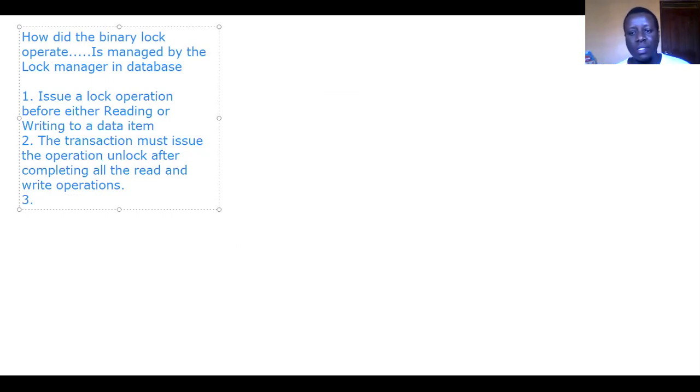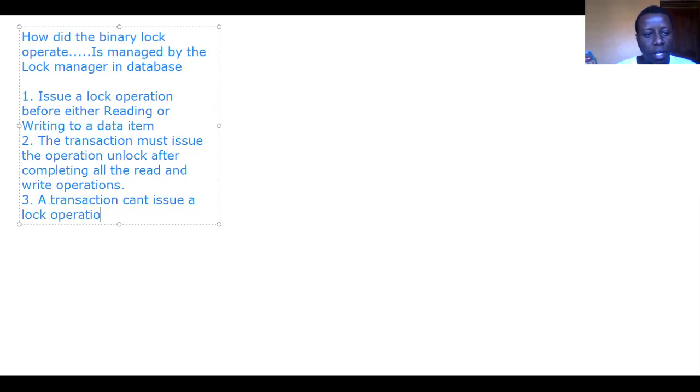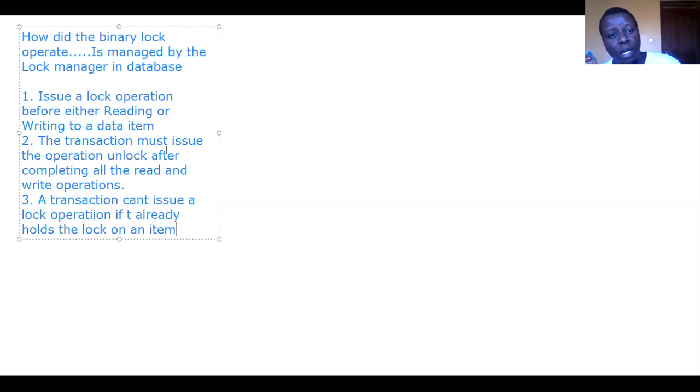The third one is that a transaction will not issue a lock operation if it already holds the lock on item X. Let's say we call it item X. All of these we are referring to a particular item.